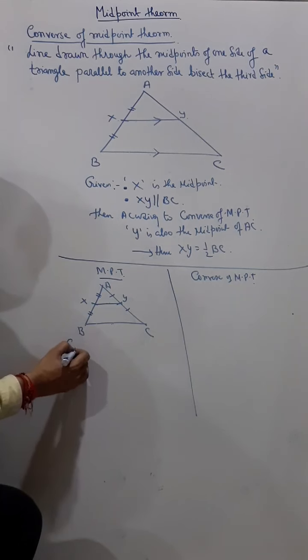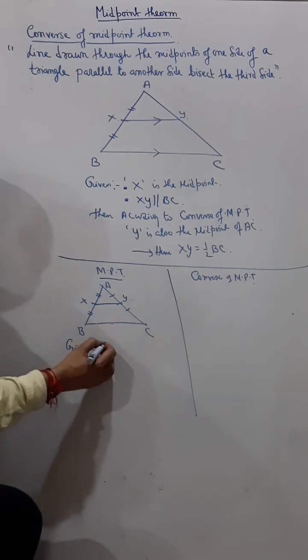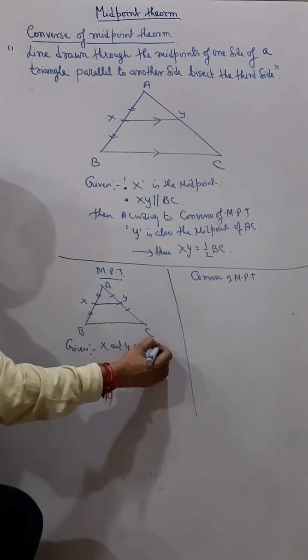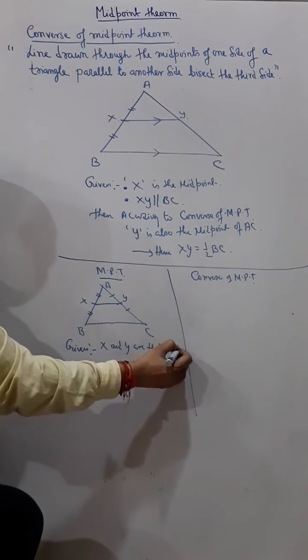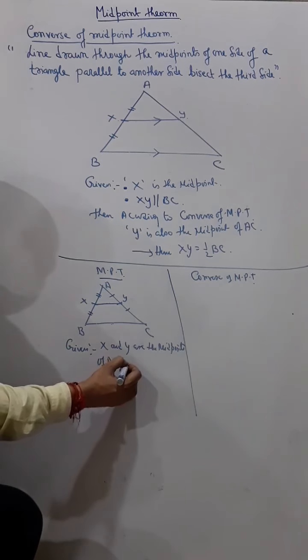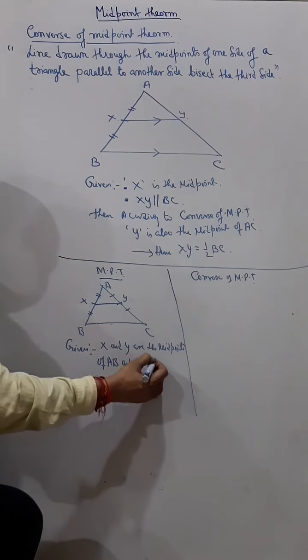That means it is given X and Y are the midpoints of AB and AC respectively.